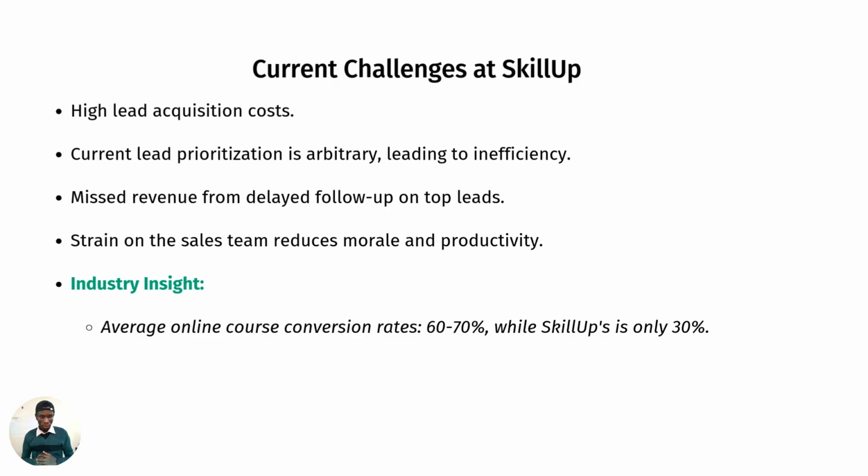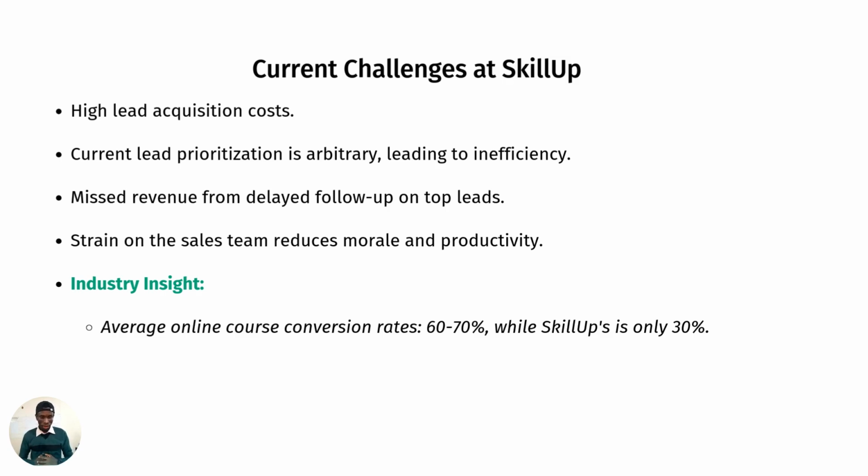Their current lead prioritization strategy is quite arbitrary, leading to a lot of inefficiencies, meaning that they are not able to categorize the different leads that they're getting into their respective classes and pursue those leads that will generate a lot of revenue.